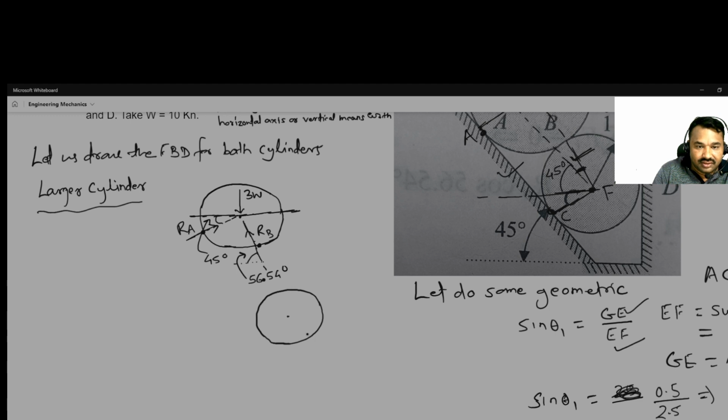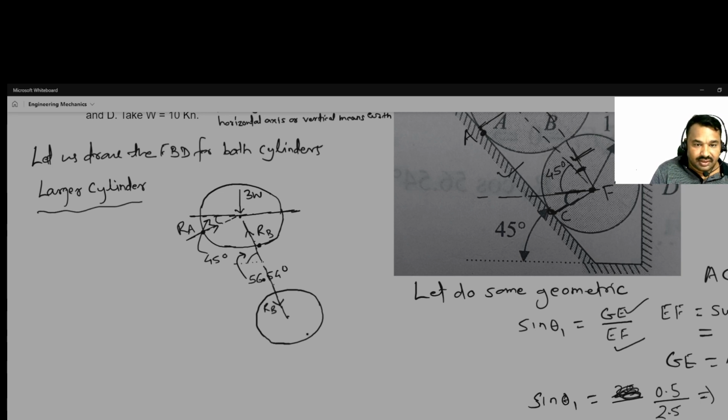So firstly we are going to extend the reaction coming from the larger cylinder, and give it the name RB. It is RB.